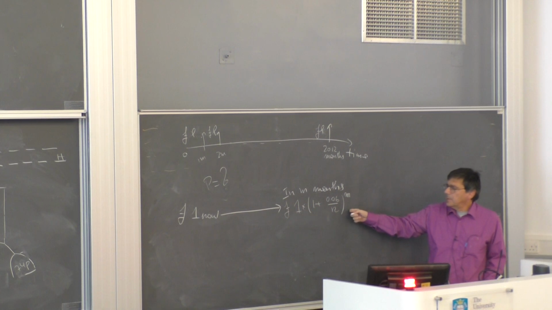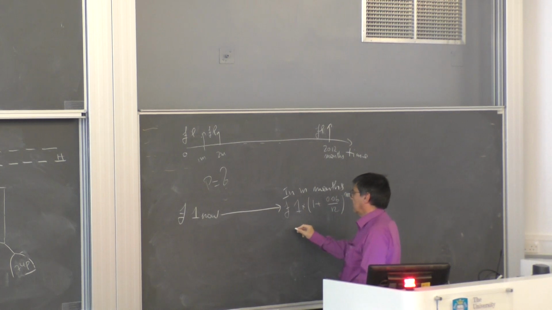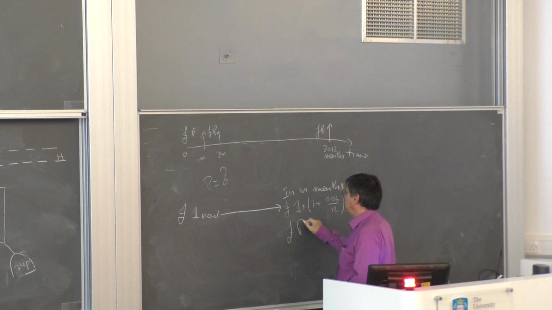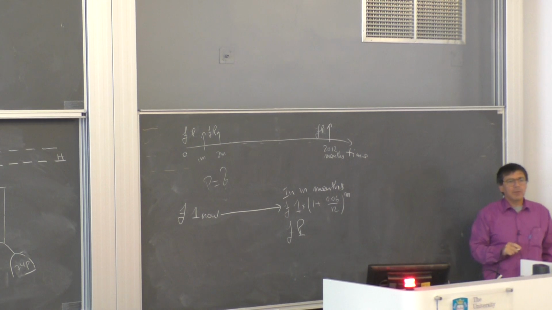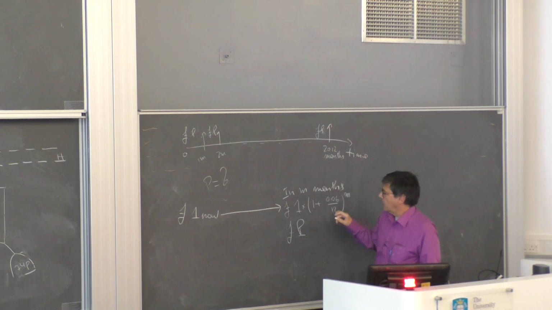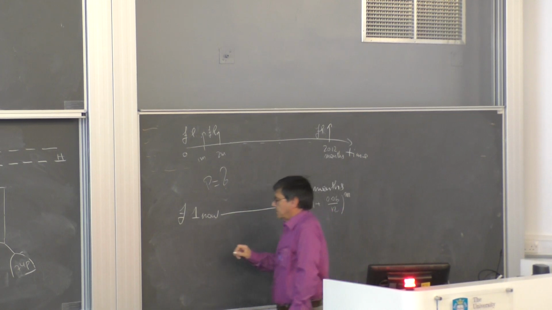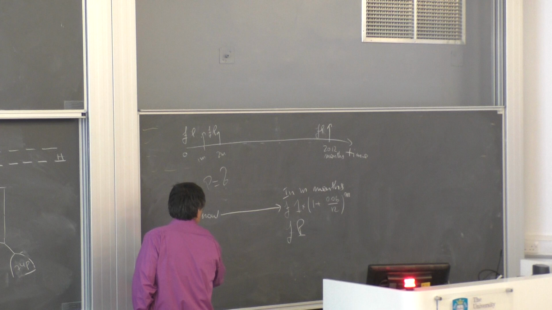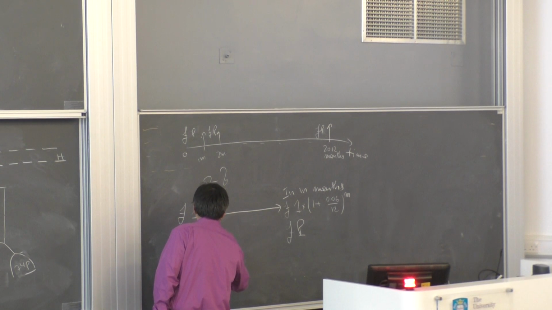So if this amount of pounds is worth £1 now, how about P pounds in M months? If you pay the bank P pounds in M months, how much is that worth now? To get from here to there, I'm going to have to multiply by this to the minus M. Sorry, divided by 12.